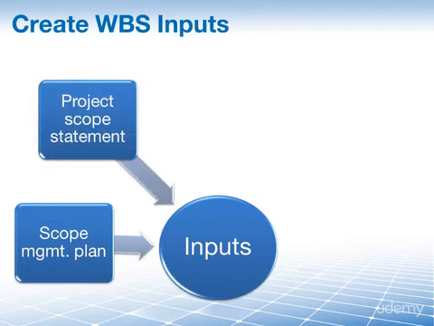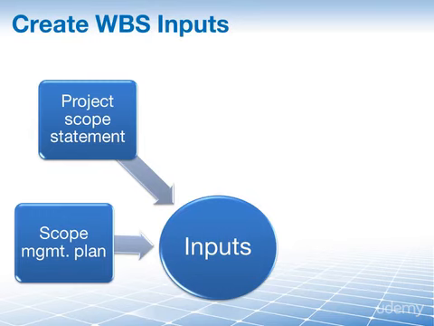The project scope statement, this is a description of our project scope, our major deliverables, assumptions and constraints. Remember, everything that's in the work breakdown structure follows the 100% rule. Therefore, the complete scope that we have in our scope statement must be converted into our WBS.